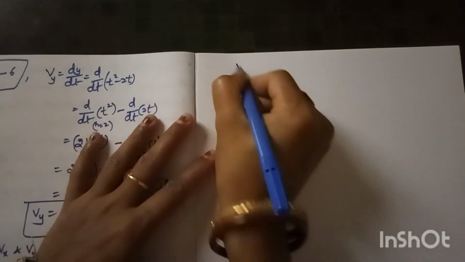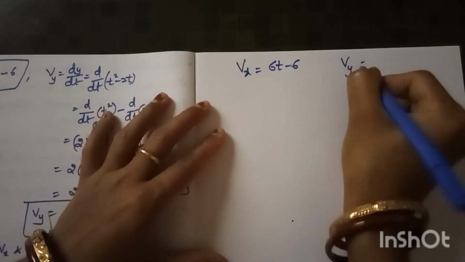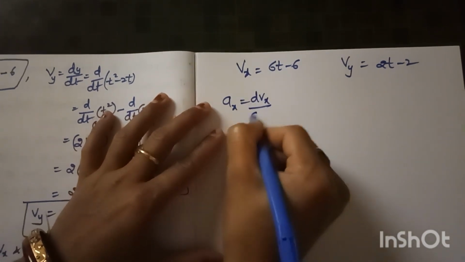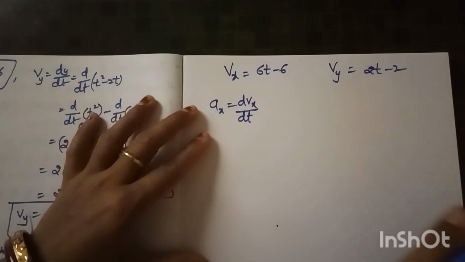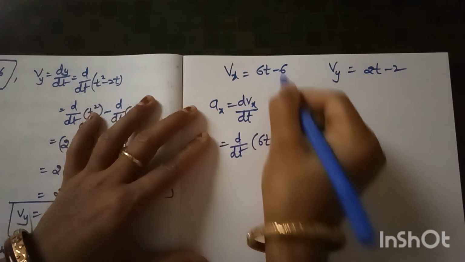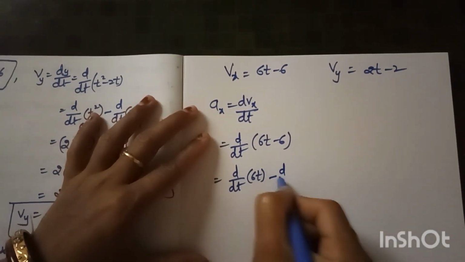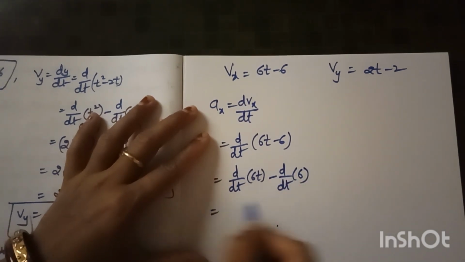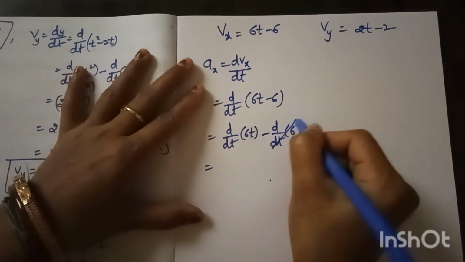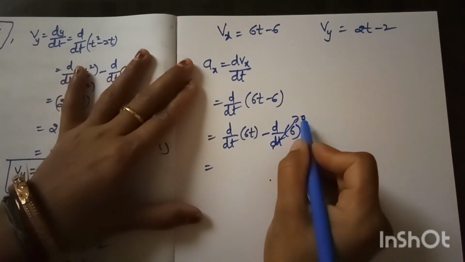So what we got: Vx equals 6t minus 6 and Vy equals 2t minus 2. So Ax equals dVx by dt, as you all know that acceleration means rate of change of velocity. d by dt of 6t minus 6. Split it: d by dt of 6t minus d by dt of 6. d by dt of 6 is 0, as d by dt of any constant is 0.